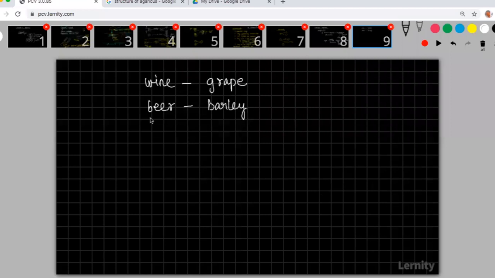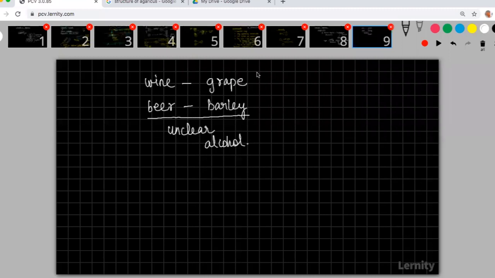These two are called unclear drinks, unclear alcohol. What is the meaning of unclear alcohol? They just ferment it, filter it and keep it. But this will have a lower percentage of alcohol compared to other drinks.